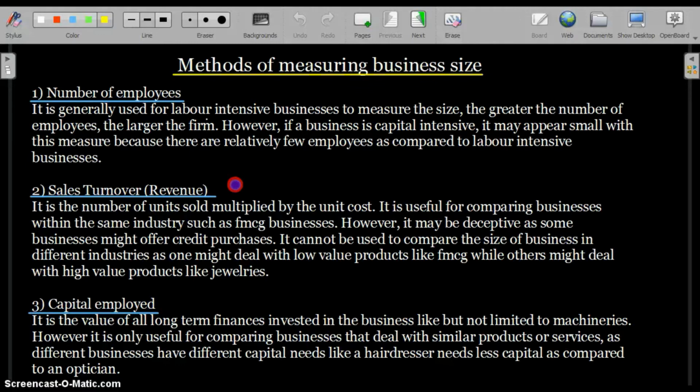It is of course very common to say that the business that makes greater sales is a bigger business than the one which makes less sales, whatever your total sales are.